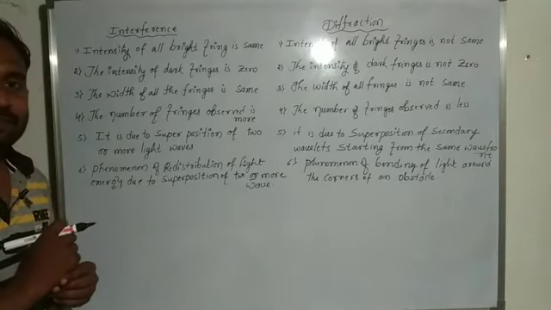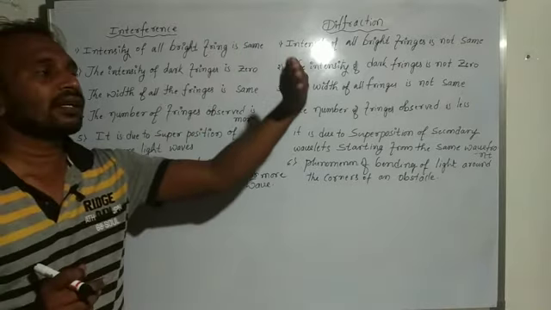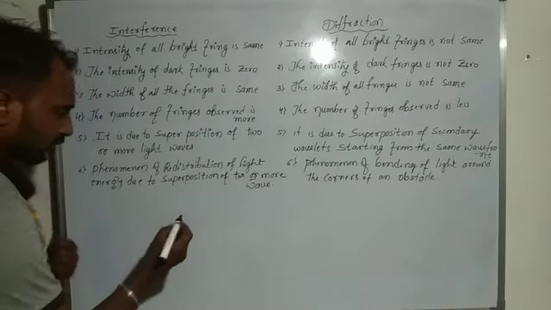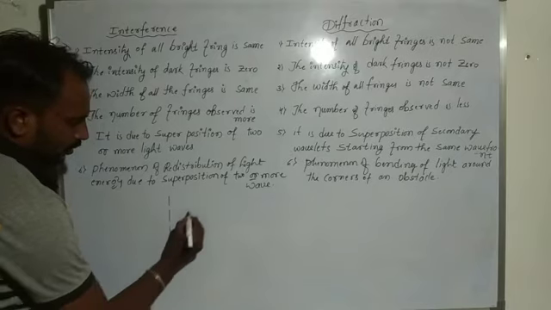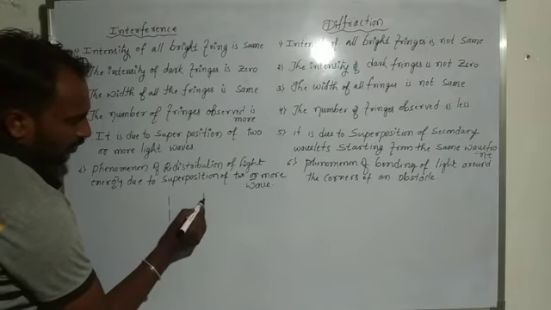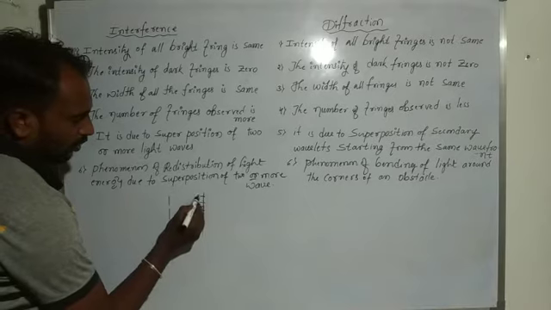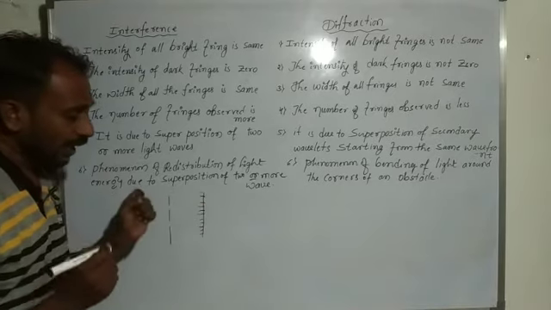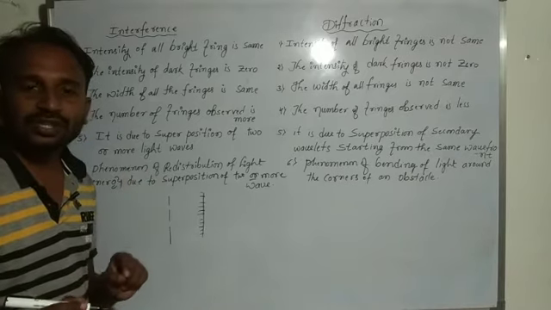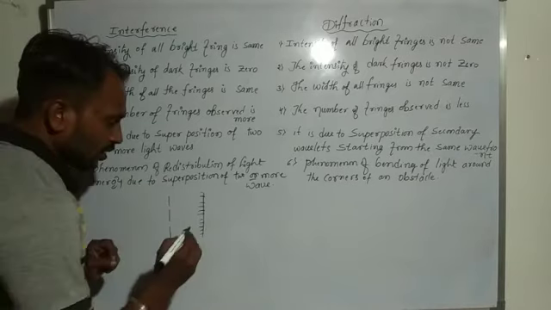After interference we get alternate bright and dark fringes on a screen. The intensity of all bright fringes remains the same.